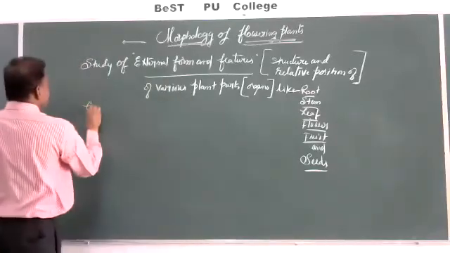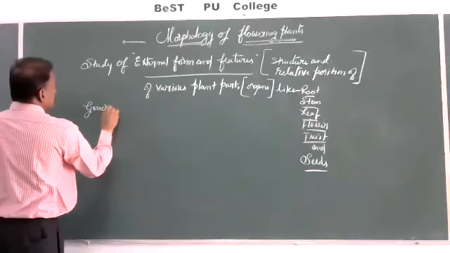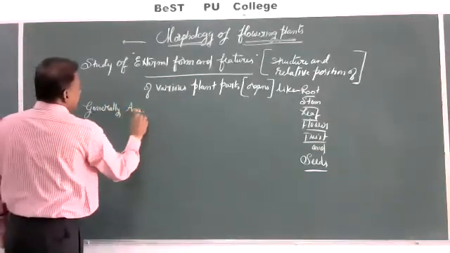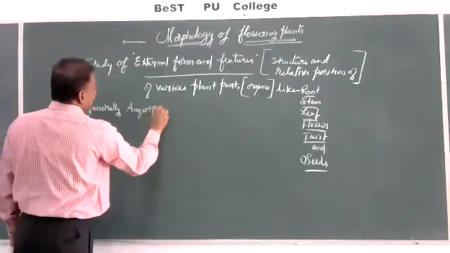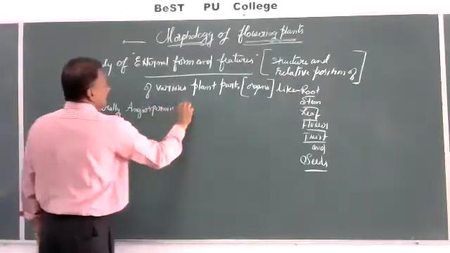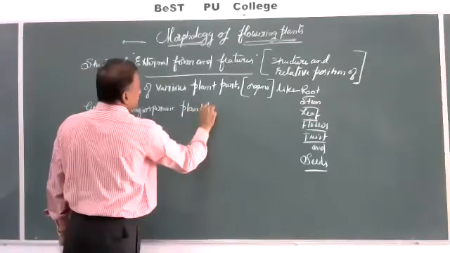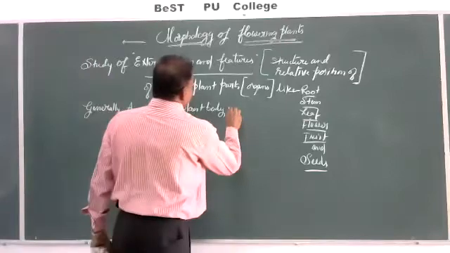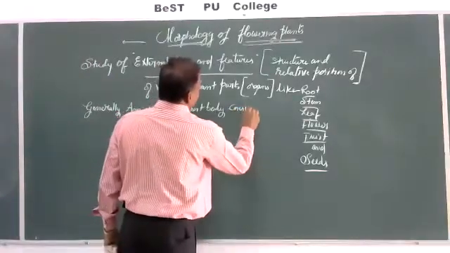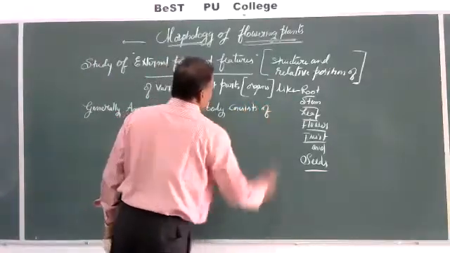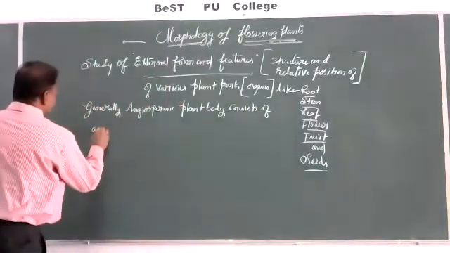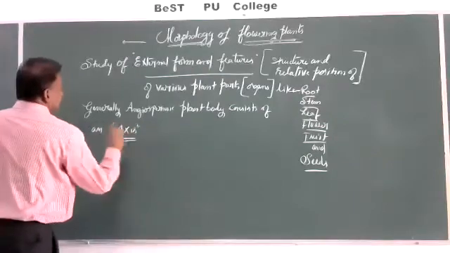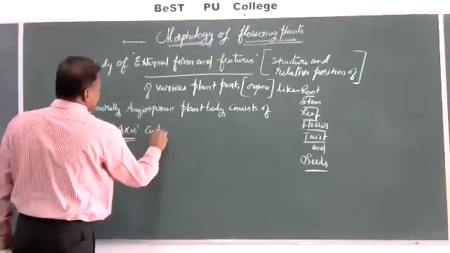Generally, the angiospermic plant body consists of an axis, which is called the central axis.